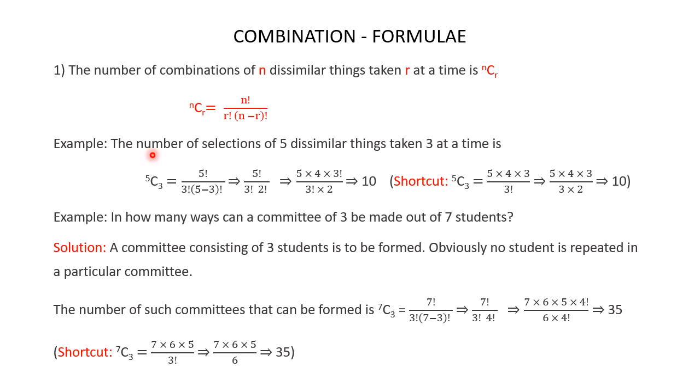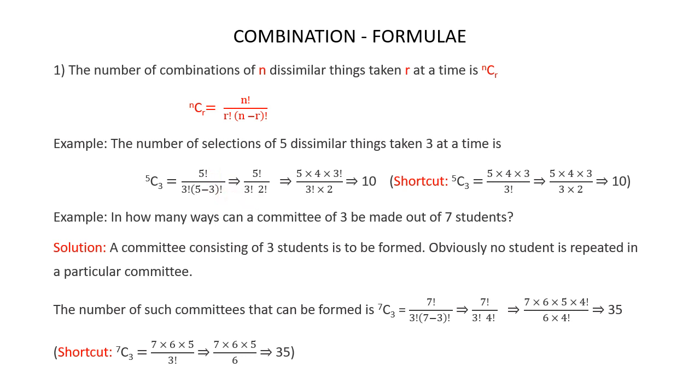The number of selections of 5 dissimilar things taken 3 at a time is given by 5C3. Now according to the formula, 5C3 is equal to 5 factorial divided by 3 factorial multiplied by 5 minus 3 factorial. This is nothing but 5 factorial divided by 3 factorial multiplied by 2 factorial.